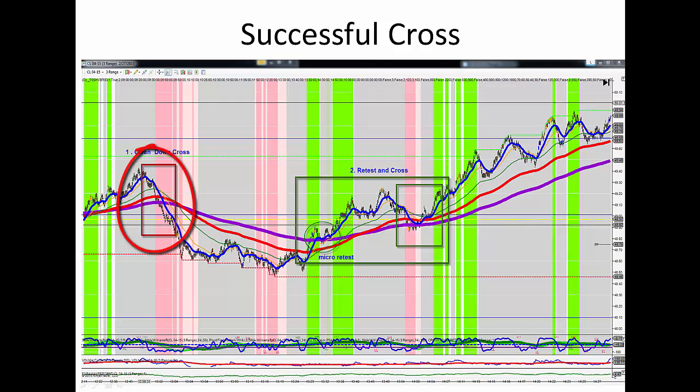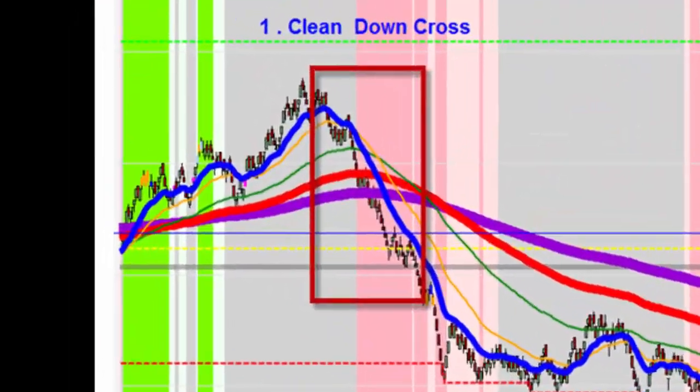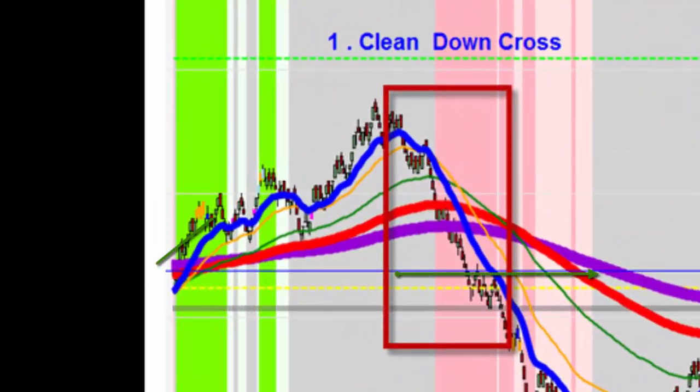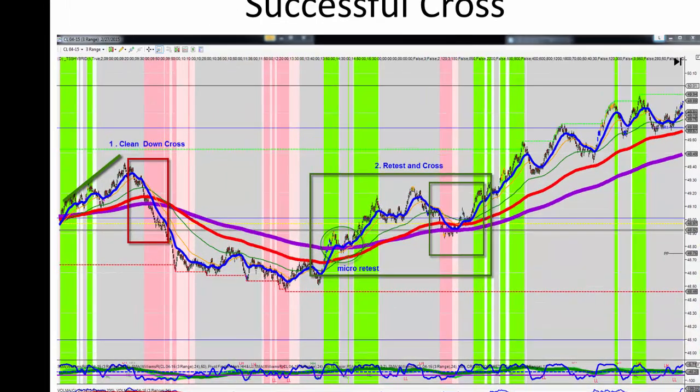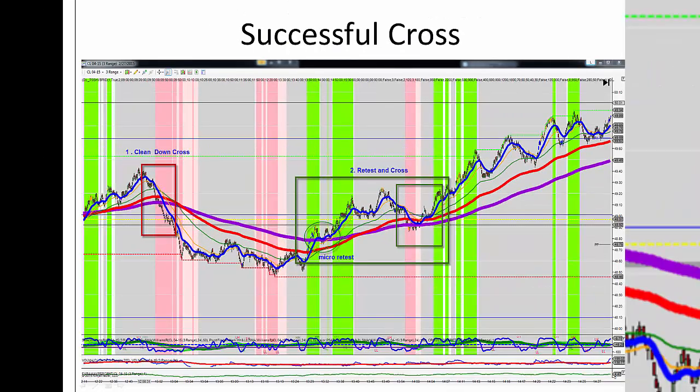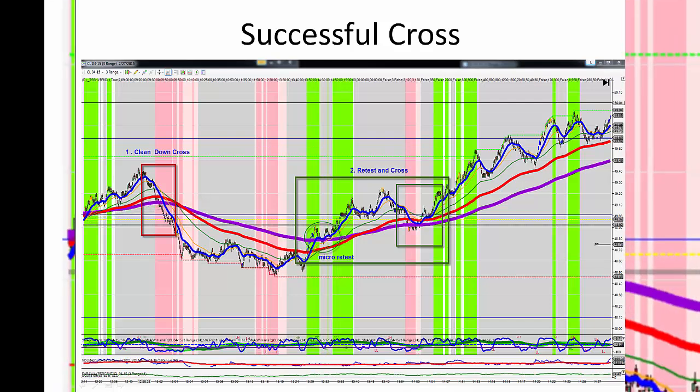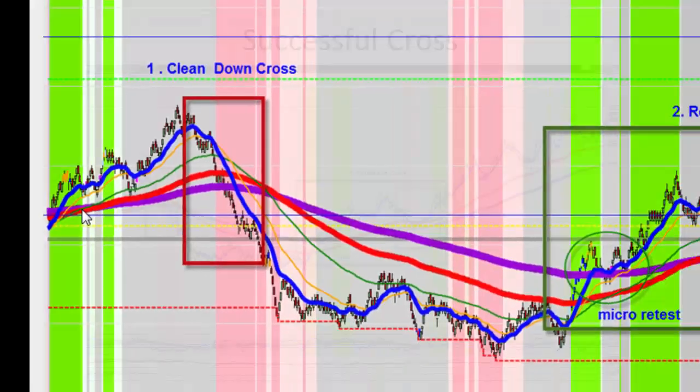This first event is a clean cross coming from a previous medium to weak uptrending move. This is the previous uptrending move, and why do we say that this is a medium to weak uptrending move? Well, because this 450 moving average slope is not very large. So this is a clue that this is not a very, very strong long-term uptrending move.